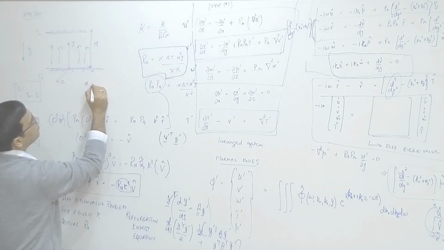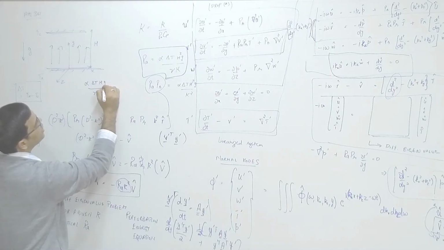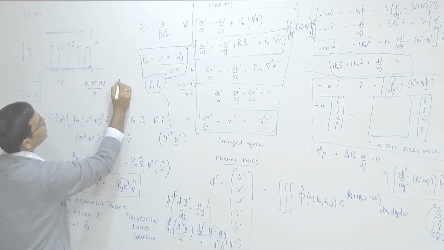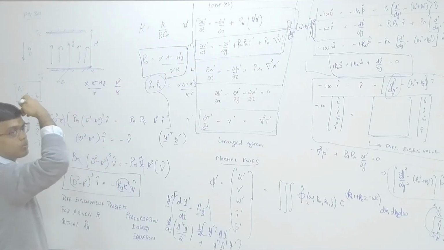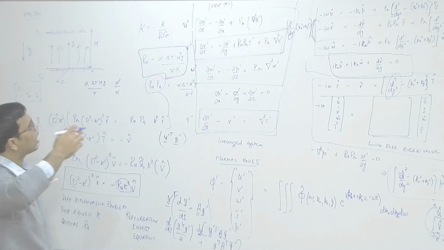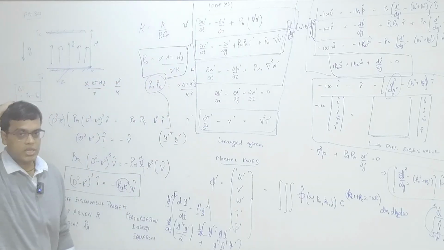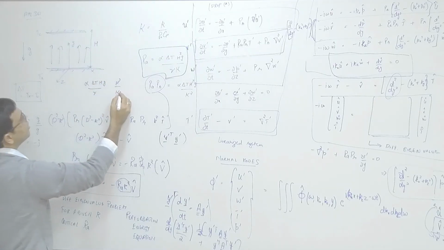So you have alpha delta t h over, let's say, nu, alpha delta t h into g over nu, and then you have an h square by kappa. Kappa, not k. H square by kappa is what? Of thermal diffusion, right? This is your thermal diffusion time scale.